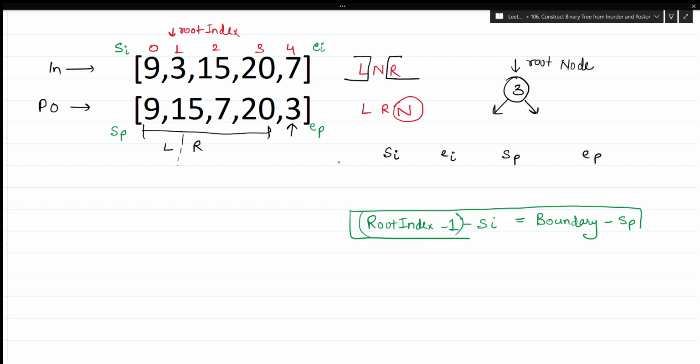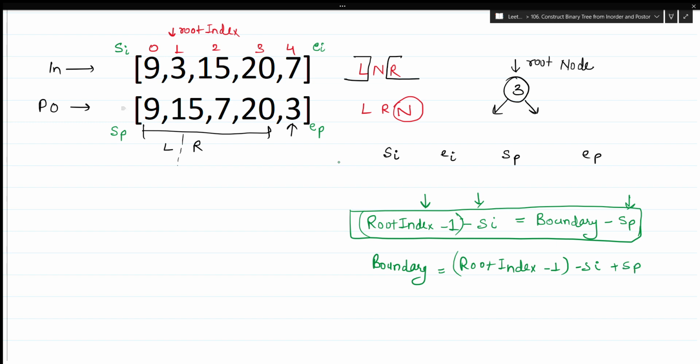From here, I know the root index, I know the SI, I know the SP. Can I easily find out the boundary here? The boundary will be my root index minus 1 minus SI plus SP. So I'm able to find out the boundary here.